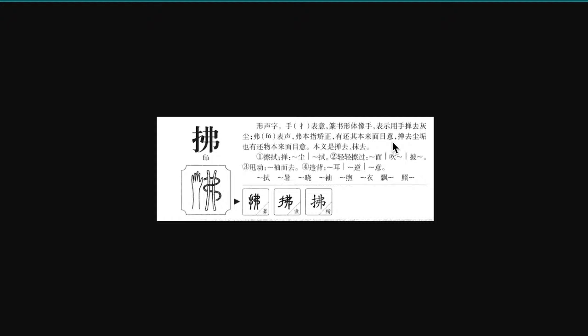That's the meaning of 弗. This is because 拂 is basically sweeping away the dust, sweeping away something that you don't want, to recover the thing to its original shape, original condition, for some purpose. Okay, so this is 拂.